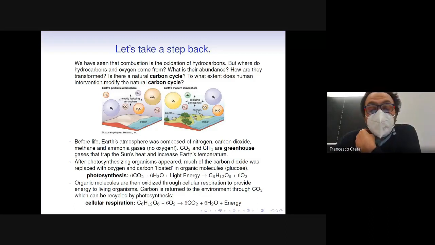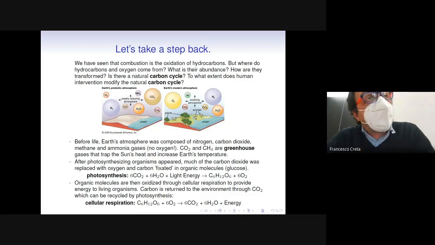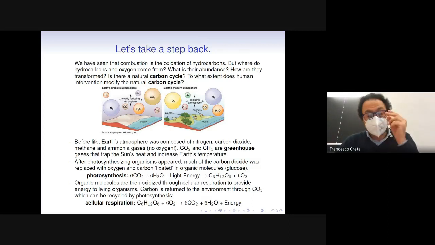Why so? So I'd like to introduce very, very briefly the concept of the carbon cycle and the way in which we're modifying this cycle through combustion, artificial combustion, okay? For the production of energy, for the industry, and for transportation, okay?